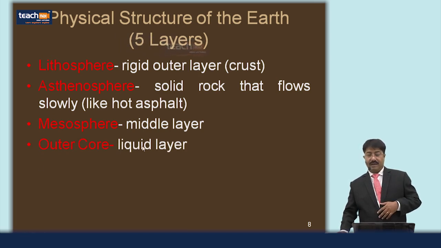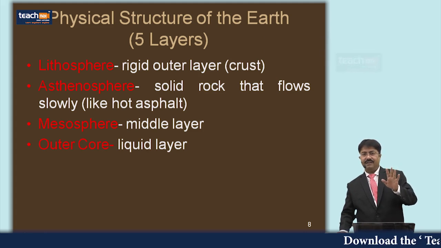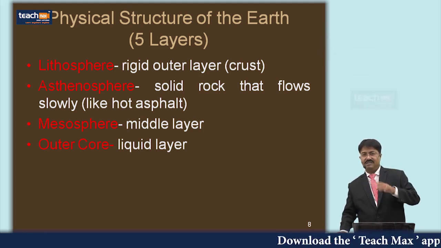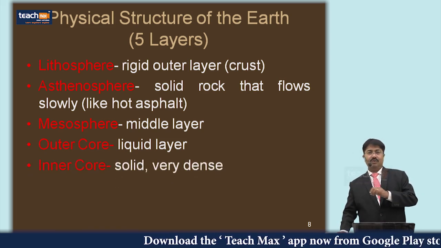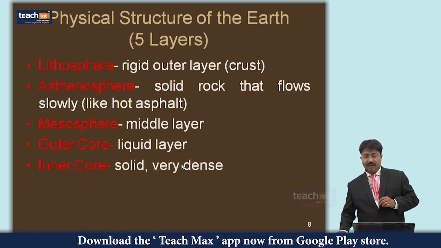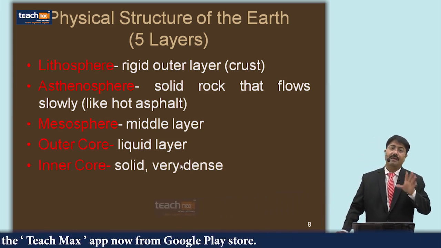The outer core, again a fluid media, a liquid layer, which has a temperature of near about 2500 or 2700 degrees centigrade. Whereas the innermost core is solid, very dense, made up of all distinctive elements.